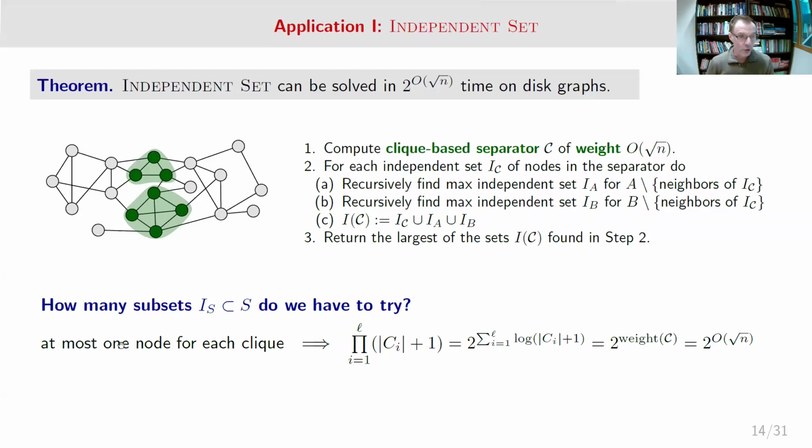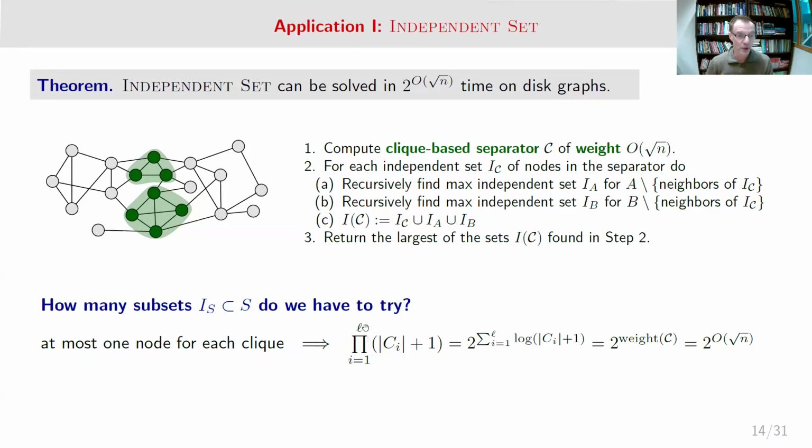Well, at most one node from every clique. So I pick either one node or 0 nodes. So the total number of choices for one clique is the size of the clique plus 1. Right, I can pick every node, so that's this many choices, or no node at all, that's the plus 1.